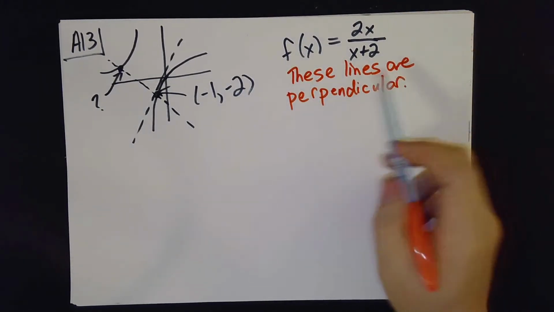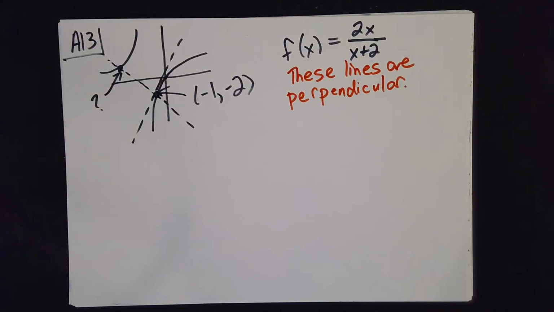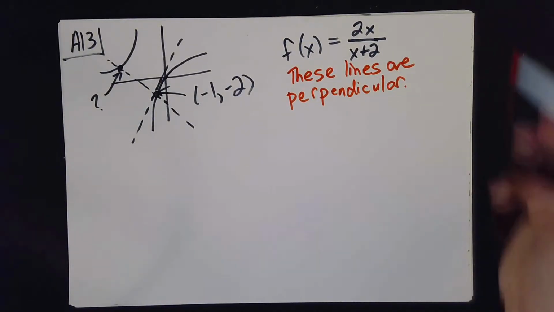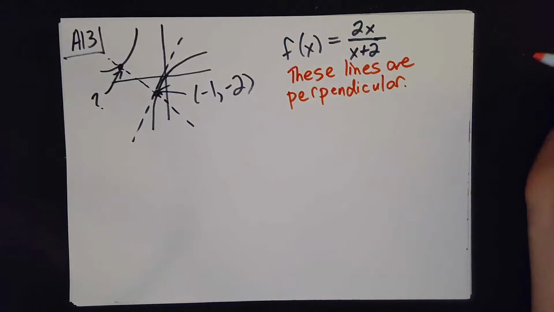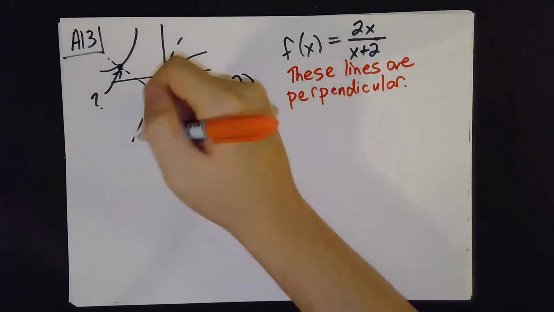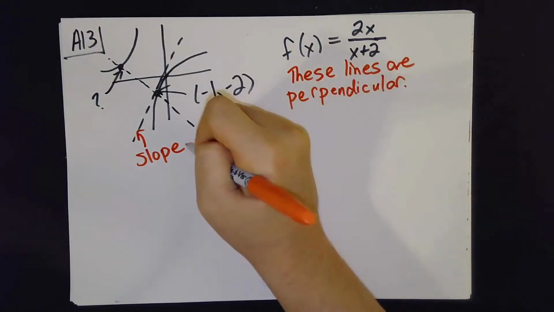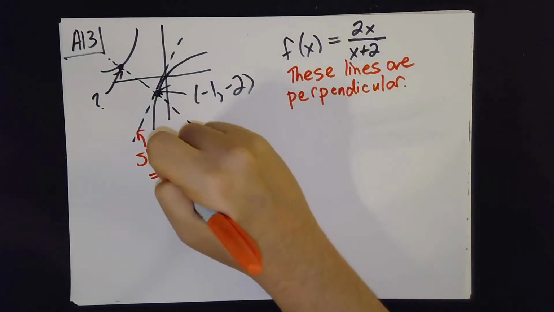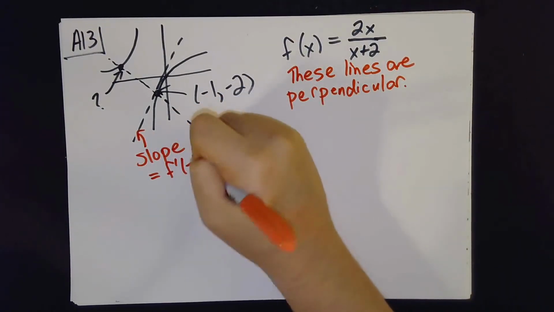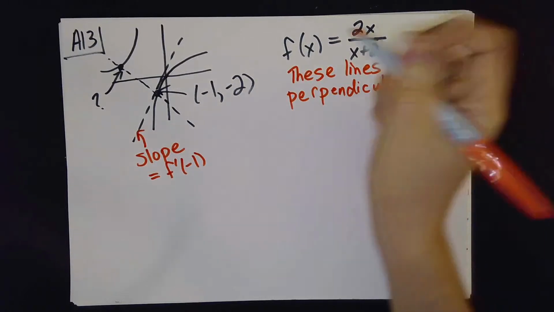So we're going to need to use our fact about perpendicular lines having negative reciprocal slopes in order to solve this question. Okay. So this line, that is the tangent line. Its slope is going to be f prime of -1. Okay.